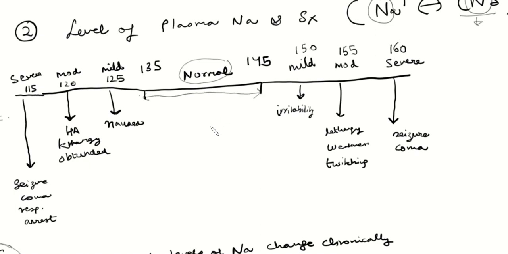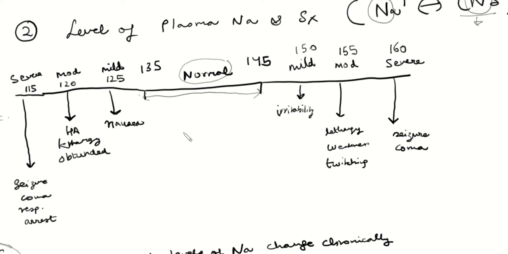As you start to go higher, 150, 155, 160, you get irritable, lethargic, weakness, twitching, then seizures and coma. As you start going lower, it's nausea, lethargy, headache, obtunded, seizure, coma, respiratory arrest.